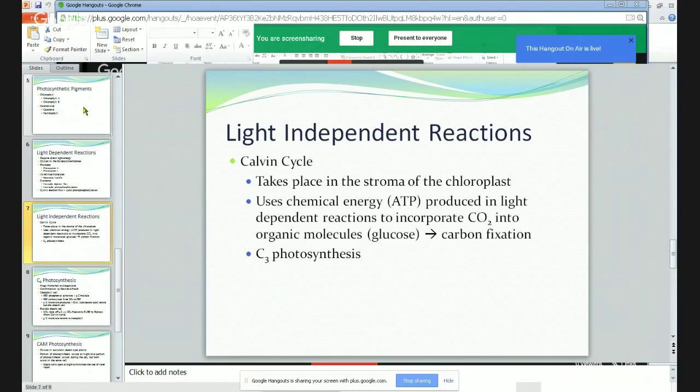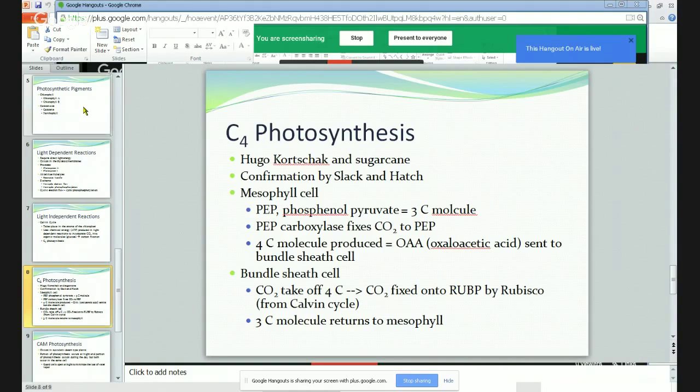So this is, like I said, called the C3 photosynthesis. Now there are a couple of other versions of photosynthesis. The next one is the C4 photosynthesis. So plants that are considered C4 plants are going to go through this.